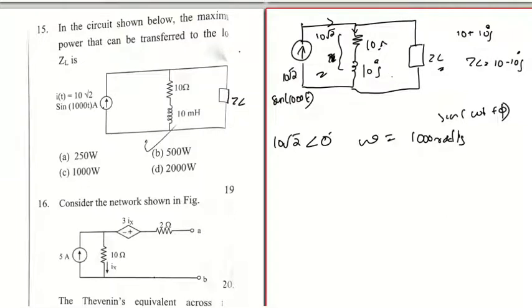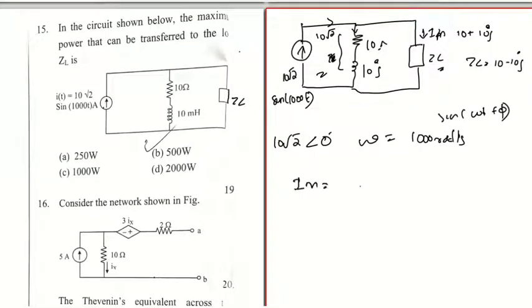To find out the current flowing through our ZL, let it be IL, which is our Im itself, we have to use the current division principle.